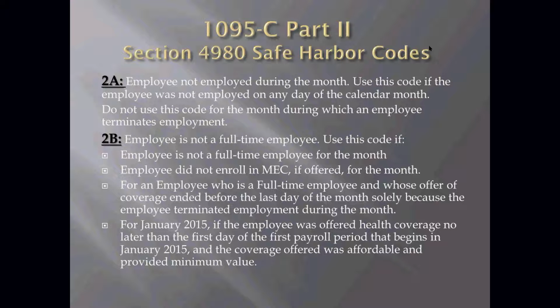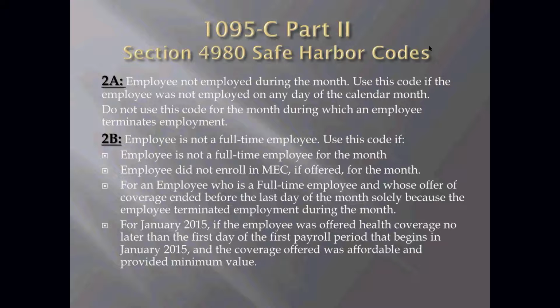And then as well for January 2015, if the employee was offered health coverage no later than the first day of the first payroll period that begins in January 2015, and the coverage offered was affordable and provided minimum value. For everyone on the call so far, your coverage provides minimum value and is considered affordable.